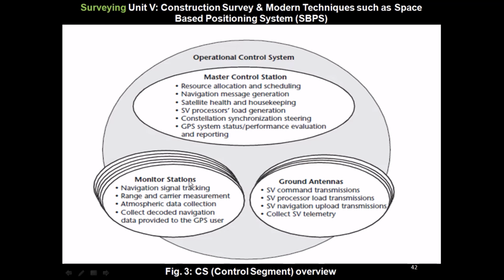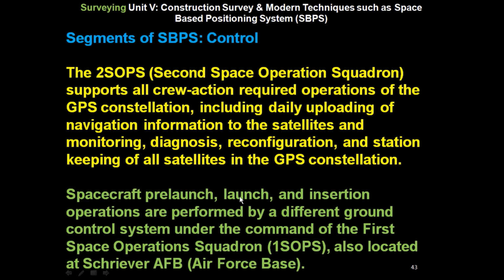The monitor stations include navigation signal tracking, range and carrier measurement, atmospheric data collection, and collecting decoded navigation data provided to the GPS user. And third are the ground antennas, that is SV command transmission, SV processor load transmission, SV navigation upload transmissions, and collecting space vehicle telemetry. So this is the figure which shows the control segment overview.